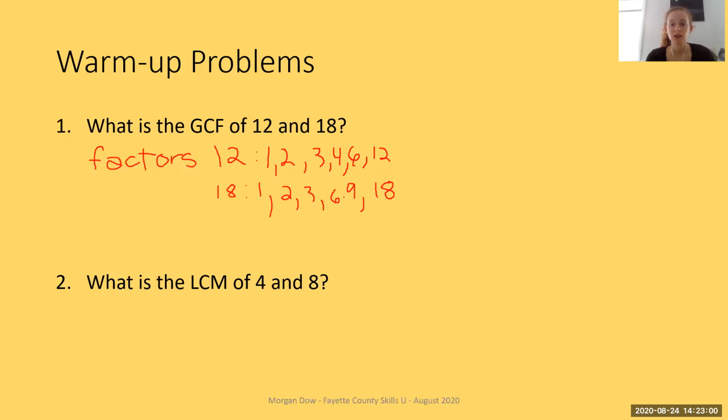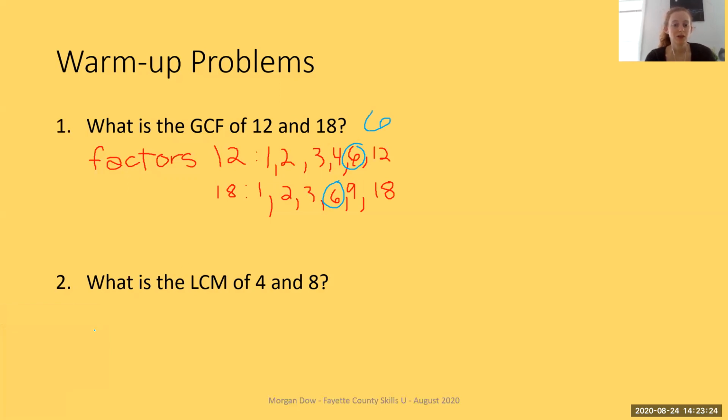So that's a complete list of all the factors of 18. Now what is the GCF? The GCF is 6. 6 is the largest factor that they have in common. Now they have other ones in common. They have other common factors, but 6 is the greatest common factor. So 6 will be our final answer here.